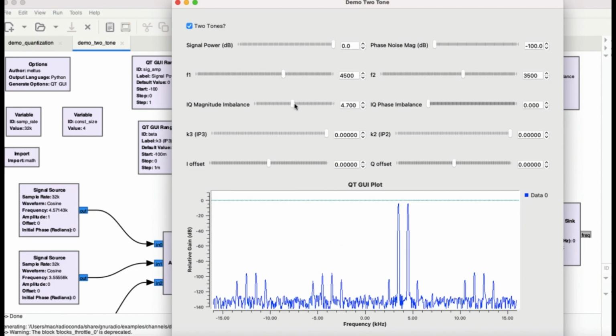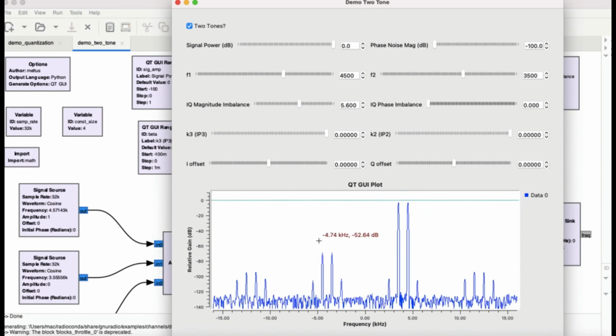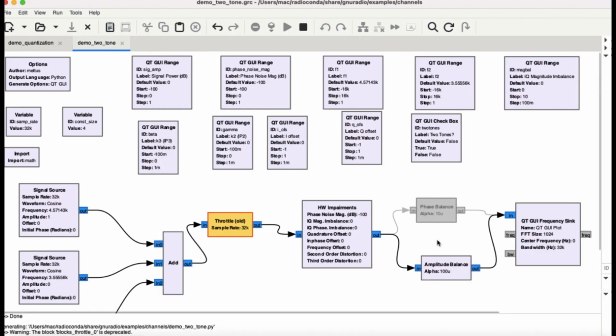When you change this, let's say your hardware is actually performing this, you would see that these peaks are going to be continuously higher. Same thing, you won't see much of an effect of this IQ phase imbalance. Why? Because in my flow graph, this thing is blurred out. So when I enable this and disable this, you will see a phase imbalance as well.